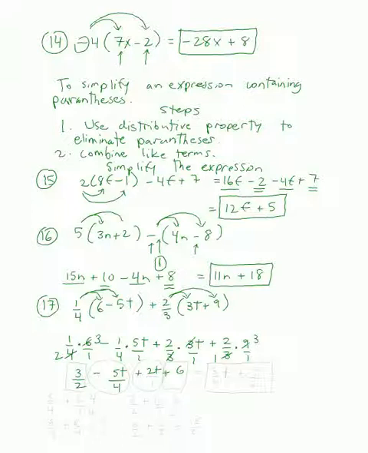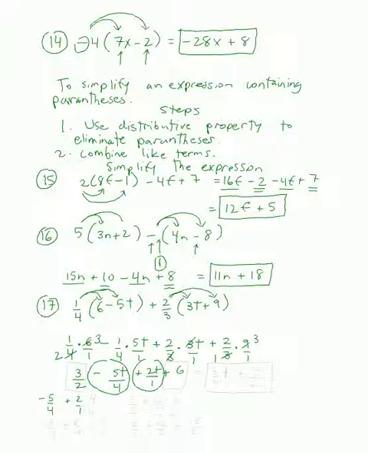Now I'm going to go ahead and combine like terms. Be careful though, because we do have fractions. Notice in this problem I have 2t over 1. So first I'm going to go ahead and combine these like terms. This one and this one. So I have negative 5/4 plus 2 over 1.